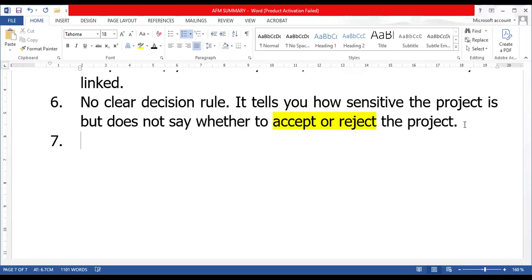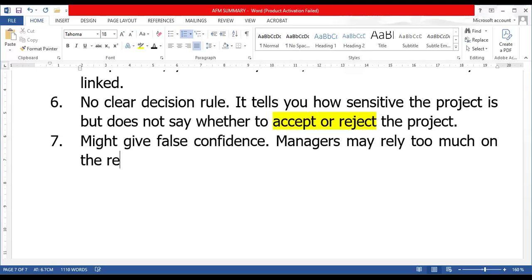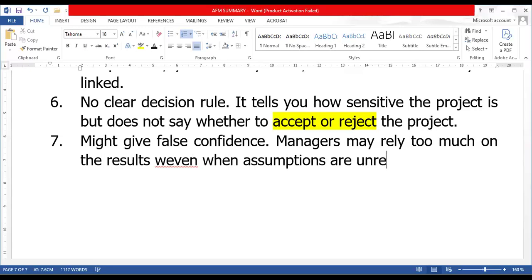One of its weaknesses as well is that it might give false confidence. How? Managers may rely too much on the results, even when the assumptions are unrealistic or uncertain.